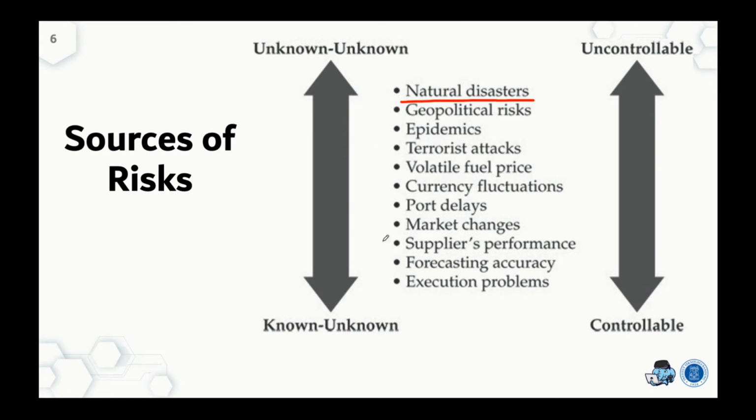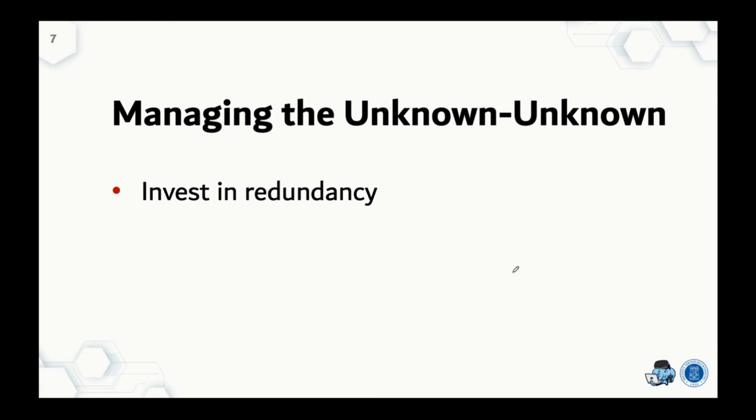Going down here, these are quite well-known sources of risk, for example supplier performance, forecasting accuracy, and how they execute. Going down, the source of risk becomes controllable, but going up it becomes uncontrollable. How can we manage something that is difficult to control, which is categorized as unknown?